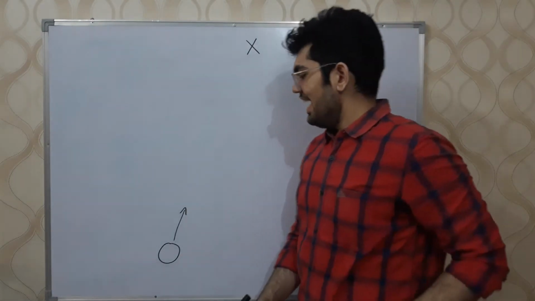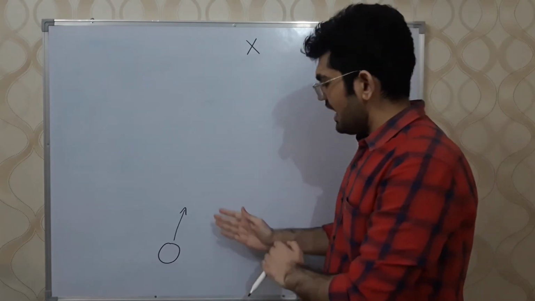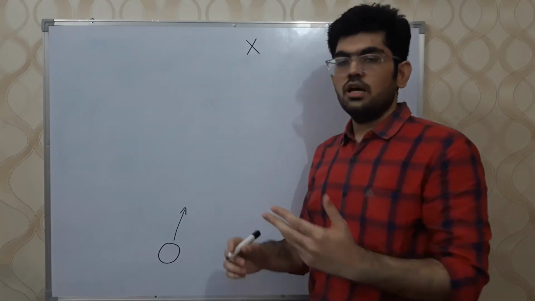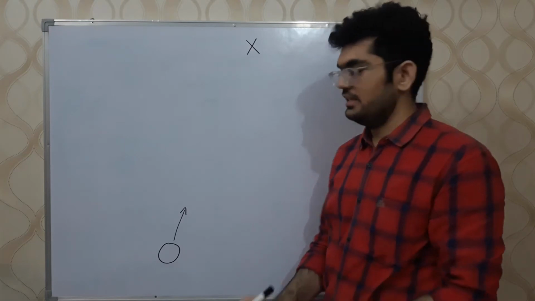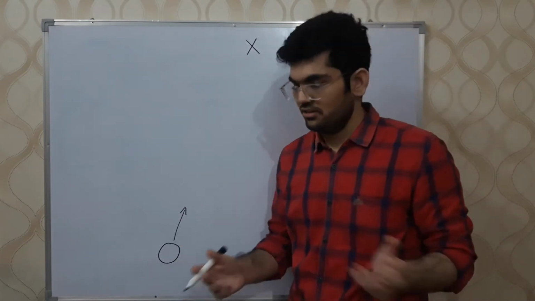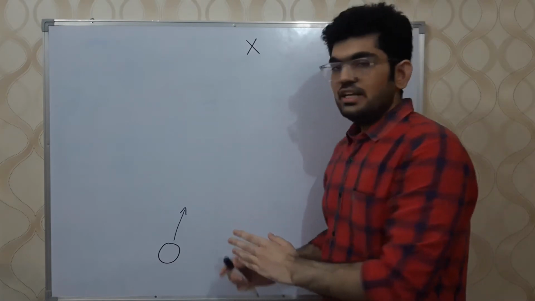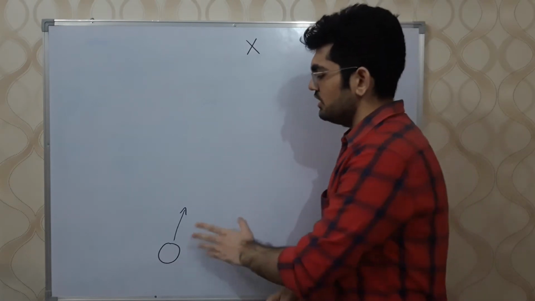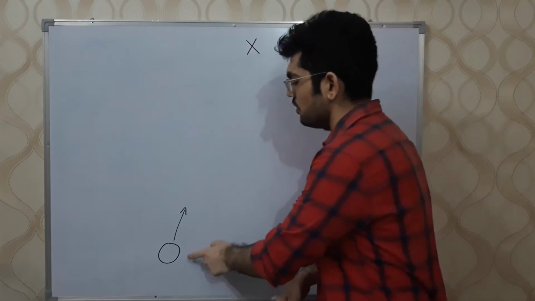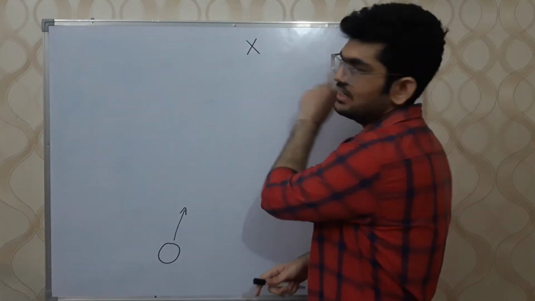Now after doing some scaling on this vector, multiplying it by some constant k, we could get the final force or acceleration that this character should have to reach the target.